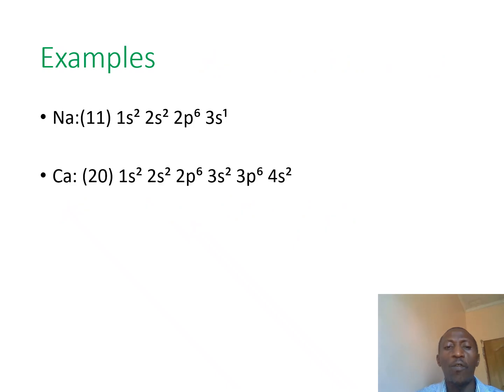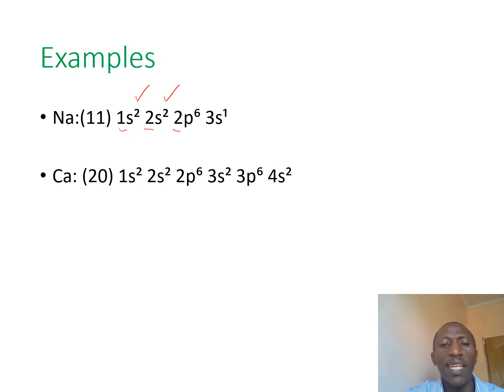Let's move on to real examples. Take, for example, sodium with 11 electrons. They will be distributed as energy level 1 in the s orbital, where we place 2 electrons. Energy level 2, in the s orbital, we place 2.